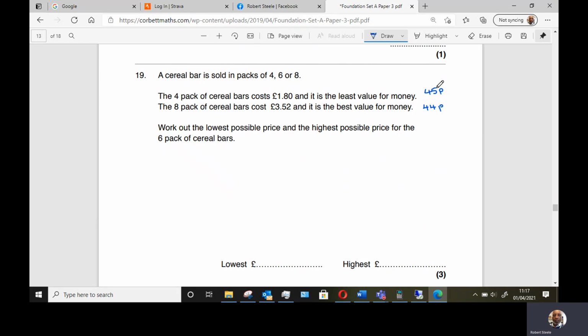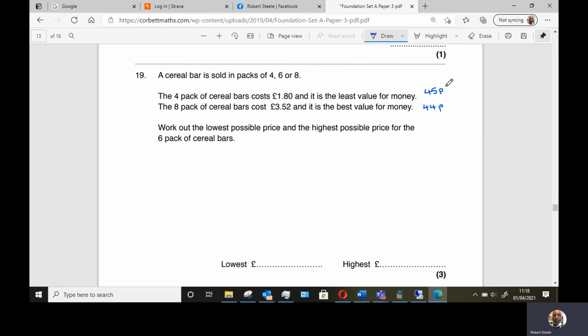If that's the least value for money, and that's the best value for money, then the 6-pack must be somewhere in that range.